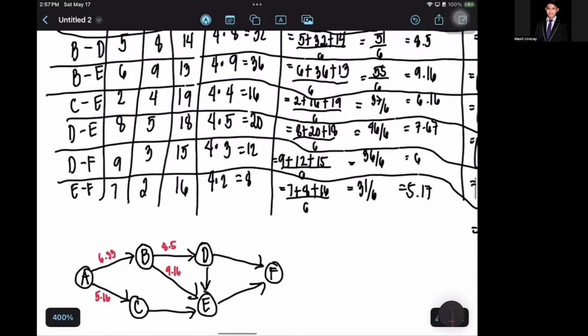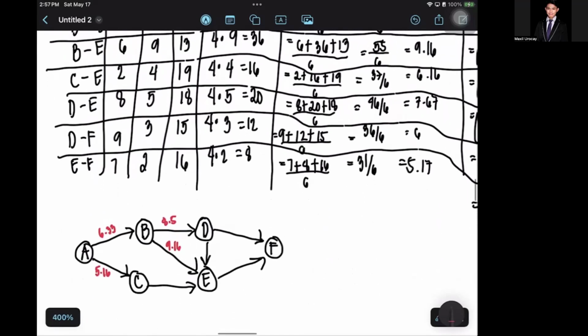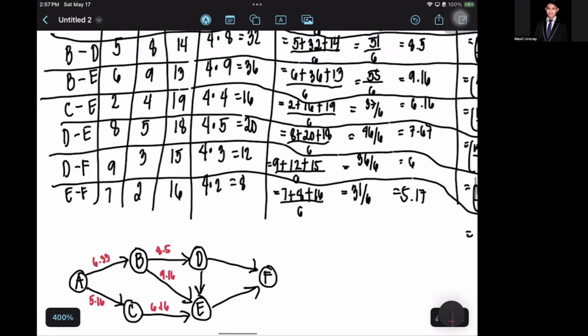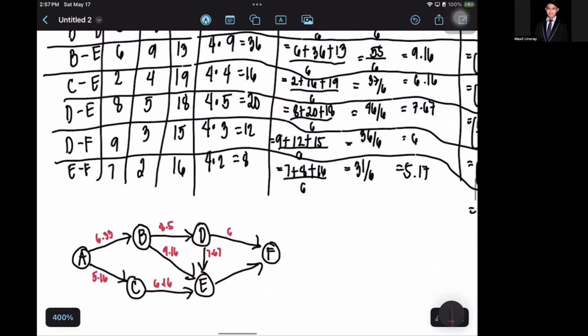Then C to E is 6.16. And then D to E is 7.67. Then D to F is 6. And your E to F is 5.17.